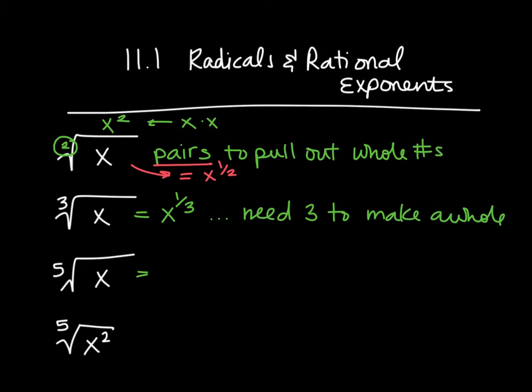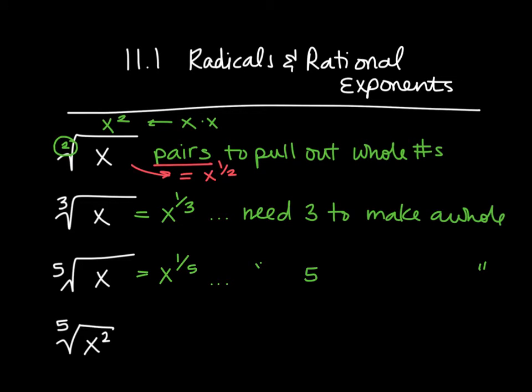If the square root of x is x to the 1/2, and the cube root of x is x to the 1/3, then we call this the fifth root of x, and to write it, we call it x to the 1/5. And I bet you could tell me how many do we need to make a whole. We're going to need 5 to make a whole.